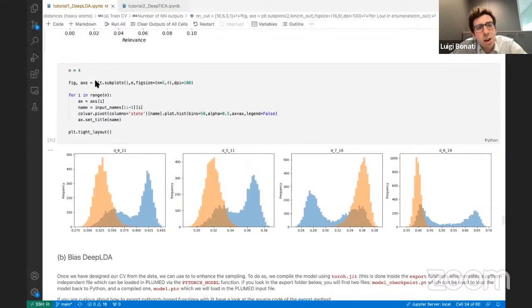So I think looking at the derivatives is something which can tell us how much weight each of the descriptors has.